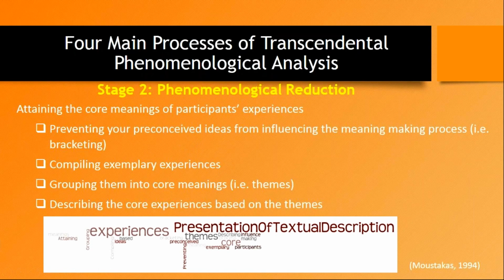Based on the research question, identify statements or participant experiences that might help you address the research question. So you go through the transcript, you identify those experiences, and then based on this information, you'll be able to develop themes from the information that you have taken out of the main transcript.